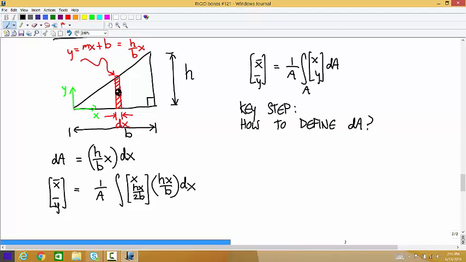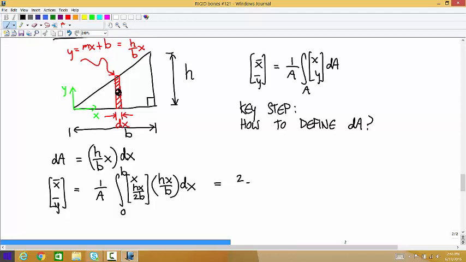dx. And then the last thing we have to do is define the boundaries of integration. What x values are we going to integrate this over? 0 to b, yep. So 1 over the area is, the area is bh over 2.